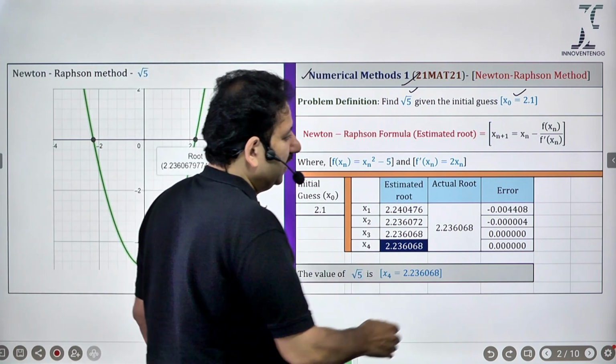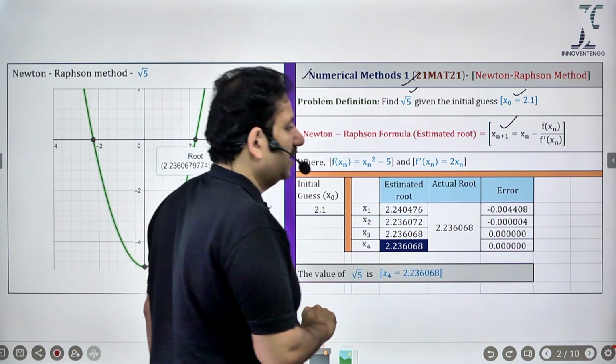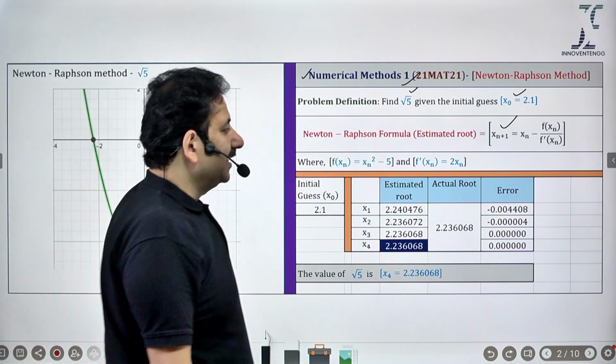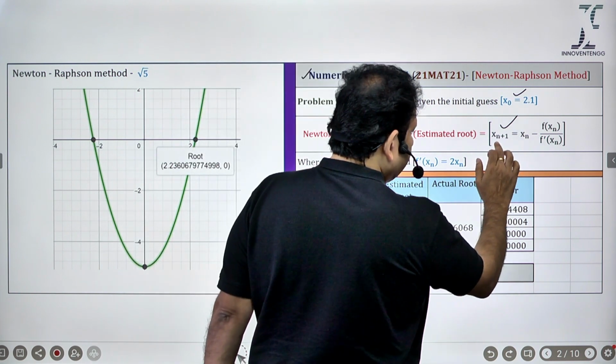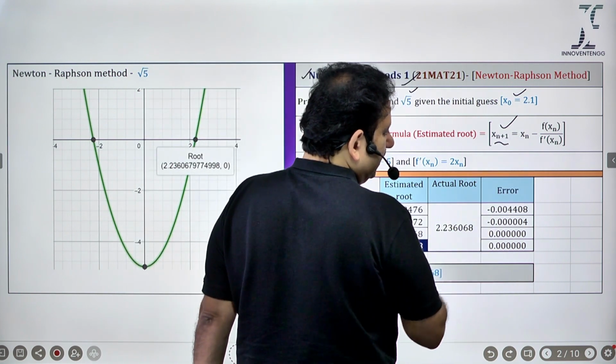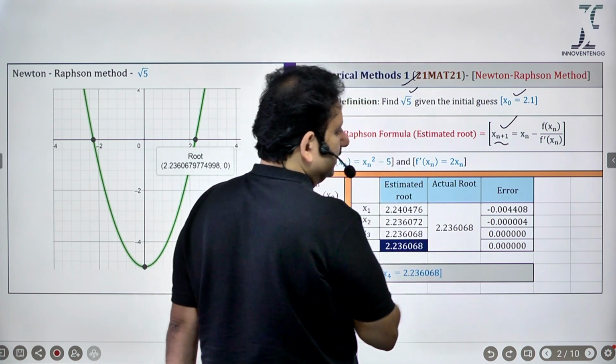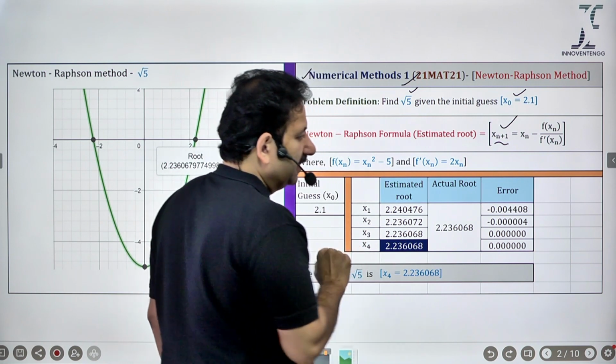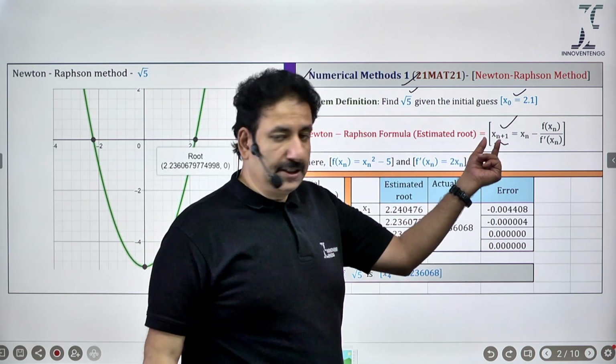And here we have mentioned the general formula for the iteration process of Newton-Raphson method. That means the n plus 1th estimated root, that's what is given by this. Suppose if n is going to be 0, then it will give you the first estimated root.